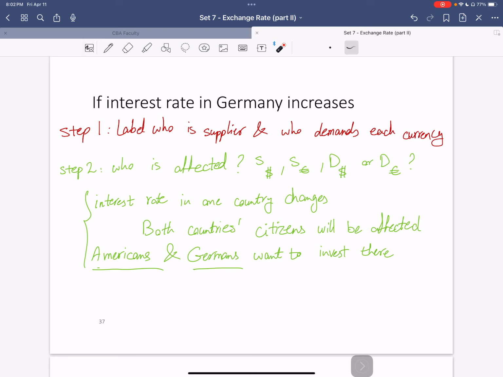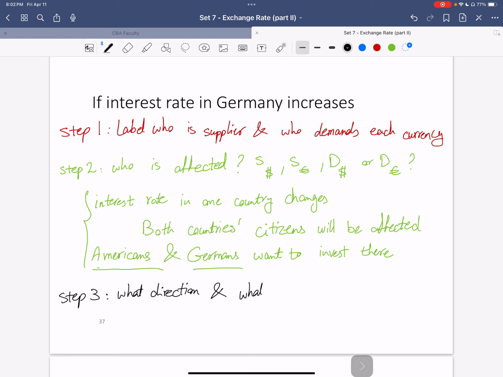All right. So the third step, now that I know all of the curves are changing, I need to think about the direction of the change. What direction?